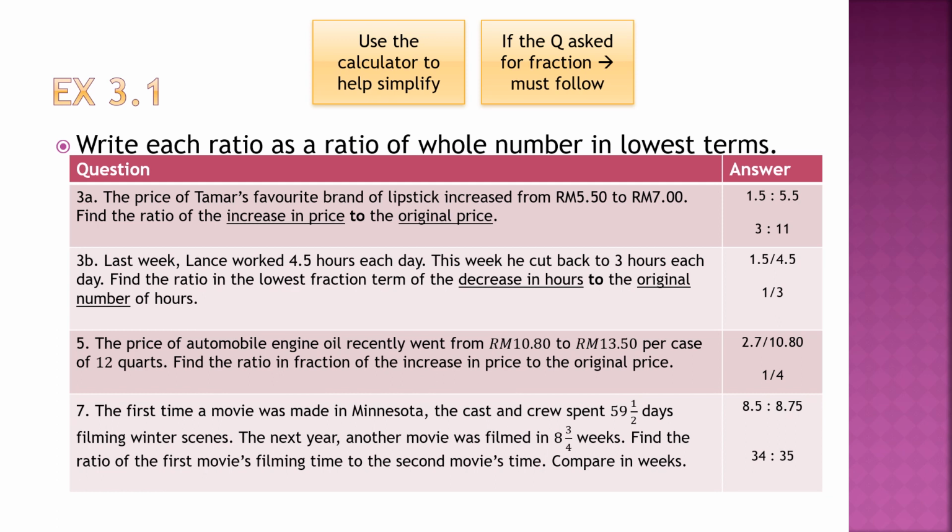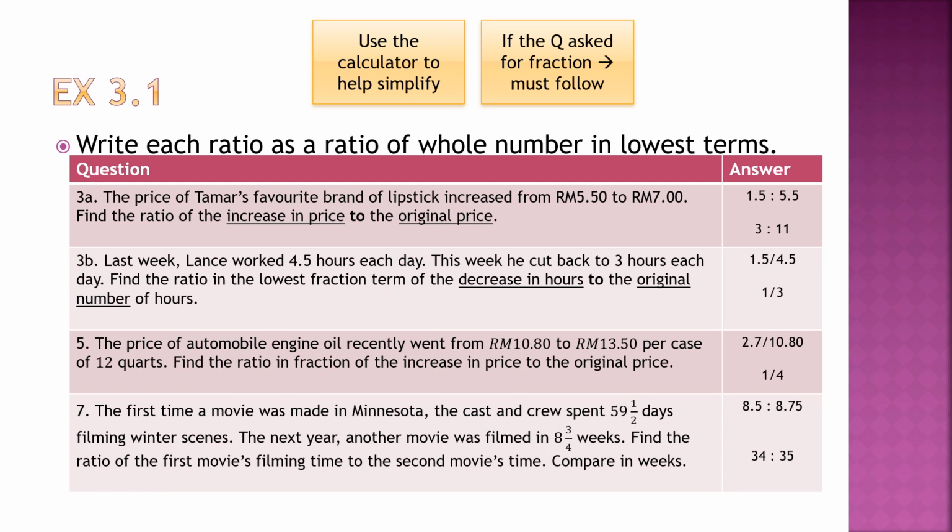First time a movie was made in Minnesota, the cast and crew spent 59.5 days filming winter scenes. The next year, another movie was filmed in 8.75 weeks. Find the ratio of the first movie filming to the second. So first movie, you change the days to weeks first. So 59.5, you divide by 7, because they want you to compare in weeks, right?